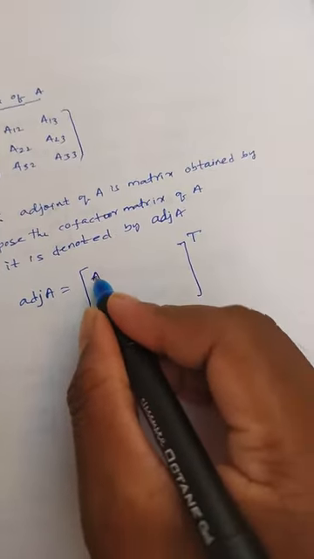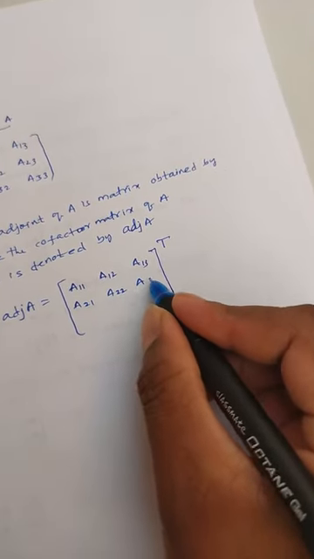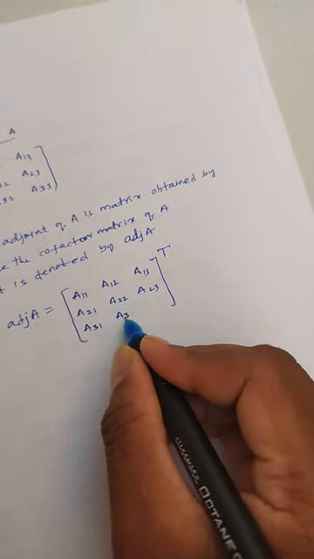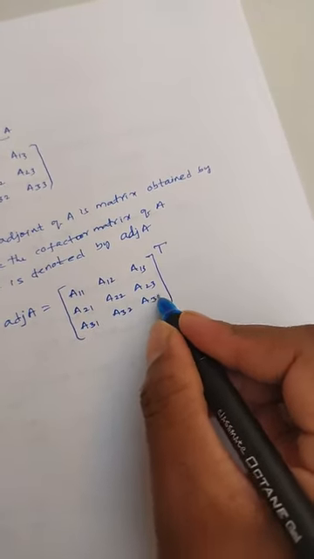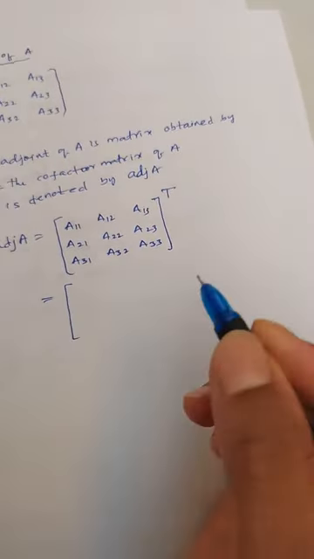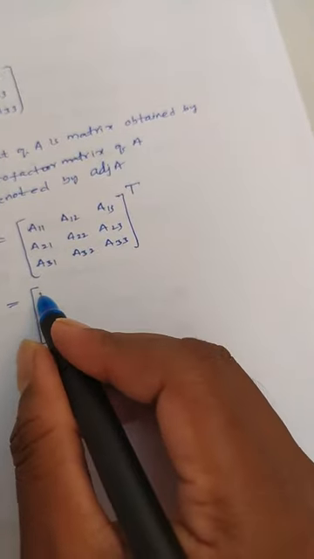So A11, A12, A13, A21, A22, A23, A31, A32, A33. Transpose means interchange the rows as columns and columns as rows.